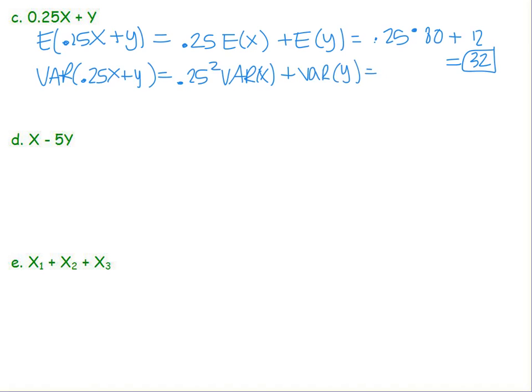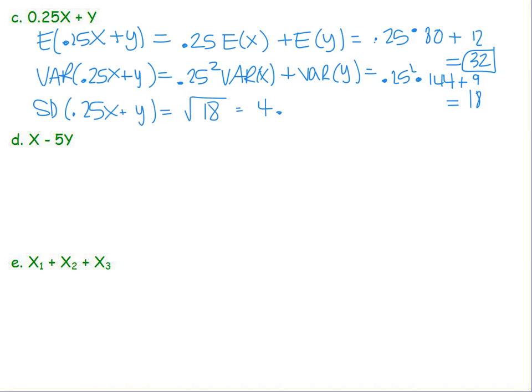So we're going to take 0.25 squared times the variance of x, which was 144, plus the variance of y, which was 9, and we get a total of 18. And so I'm just using that to find my standard deviation. So I need to square root 18, which decimal is 4.2.